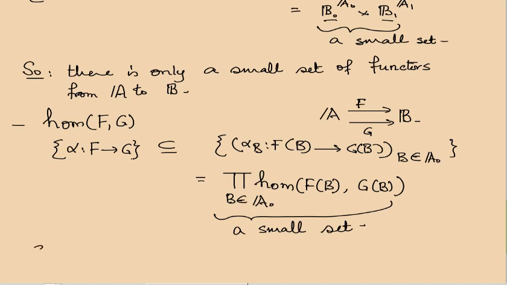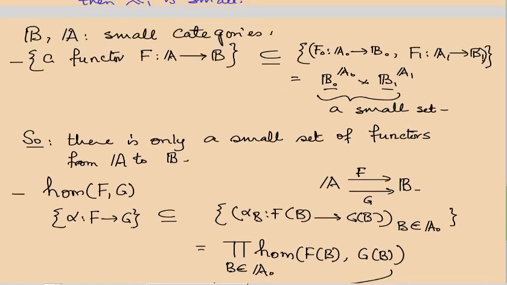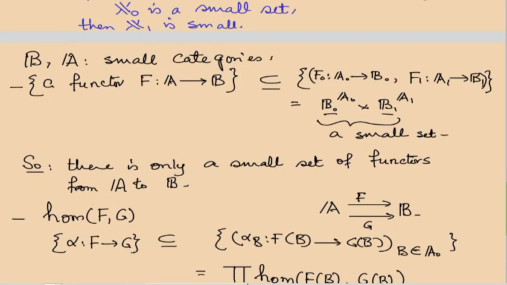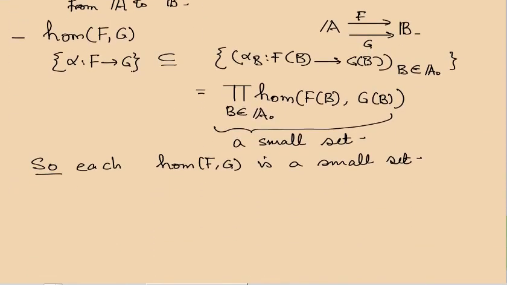So each Hom set is a small set, and the set of all objects of this is a small set, so therefore this is a small category.